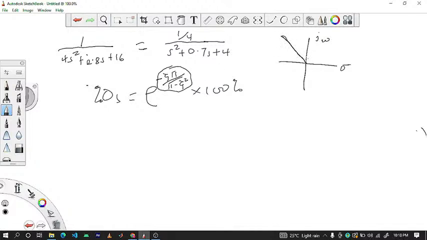The diagonal lines on your s-plane are where you have percentage overshoot being constant. All right. So all you have to do is plug in the values: e to the negative 0.175 pi over square root of 1 minus 0.175 squared, times 100. And that will give you around 57.2%.